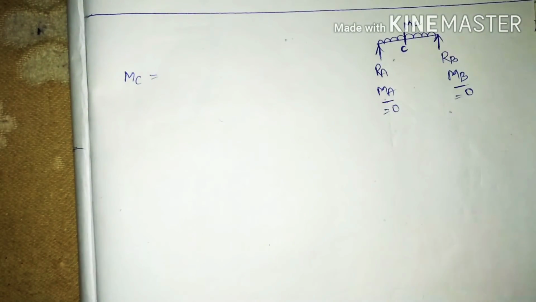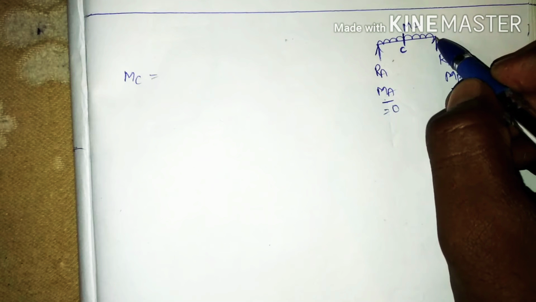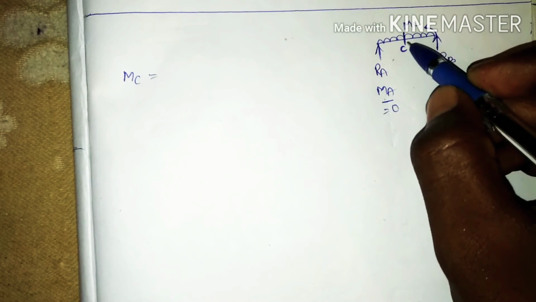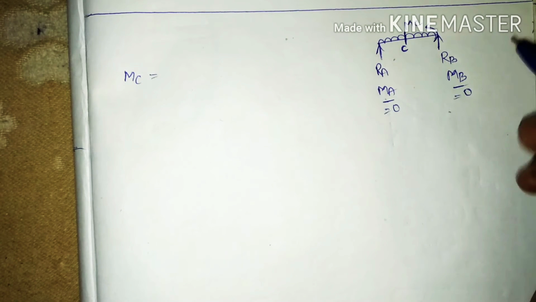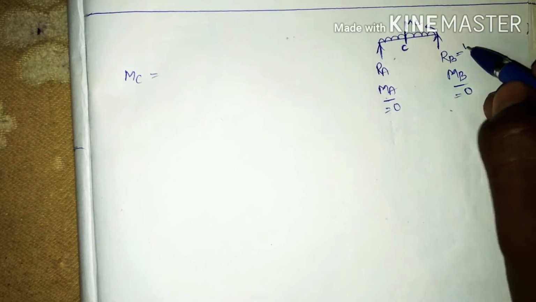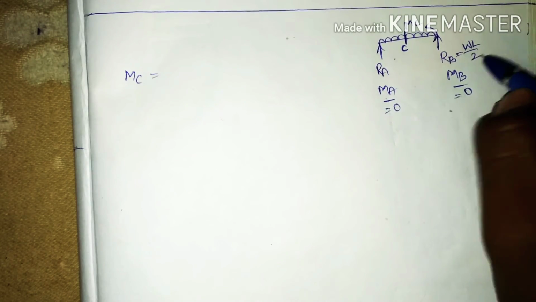Here moment about C is equal to, we have to take the RB reaction up to C, that is RB is equal to WL by 2.